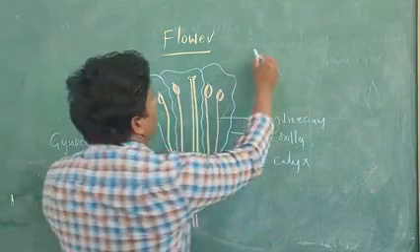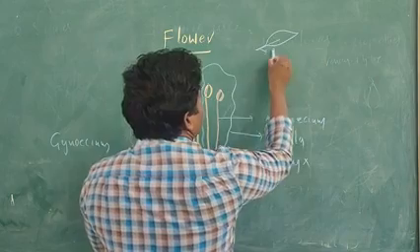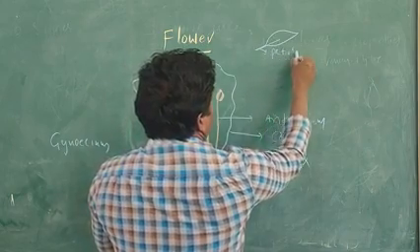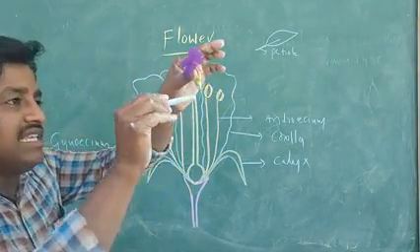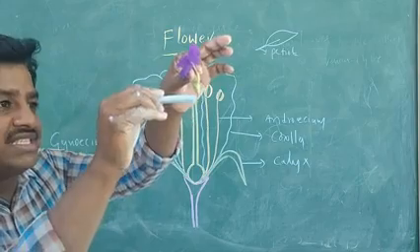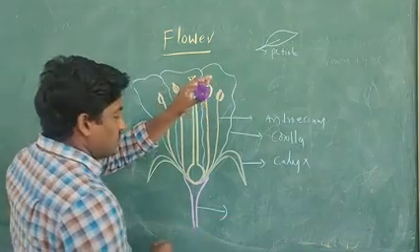Already, in the leaf you can see the stalk of the leaf. What do you call the stalk of the leaf? Petiole, I said. Here, see, the stalk. This is the stalk. The stalk of the flower, this one.